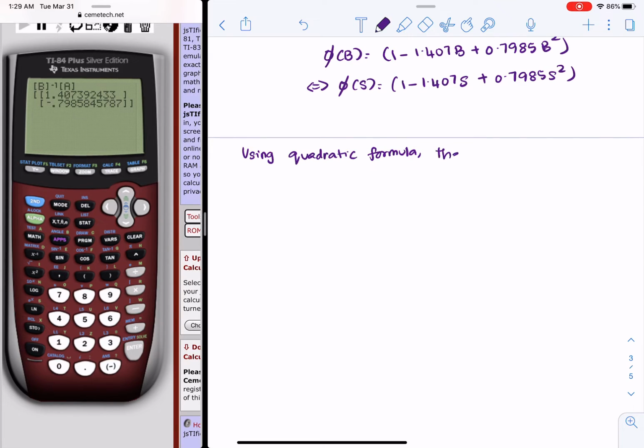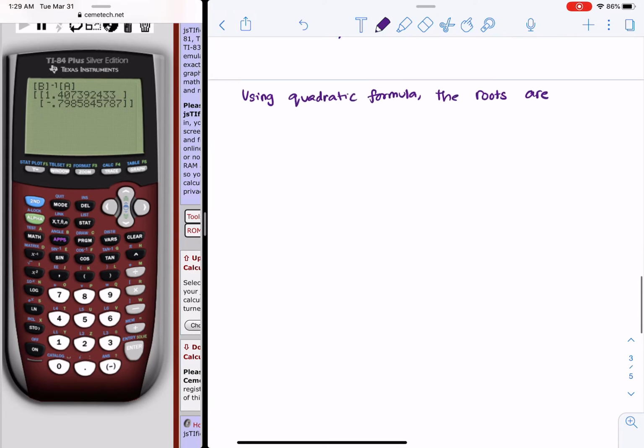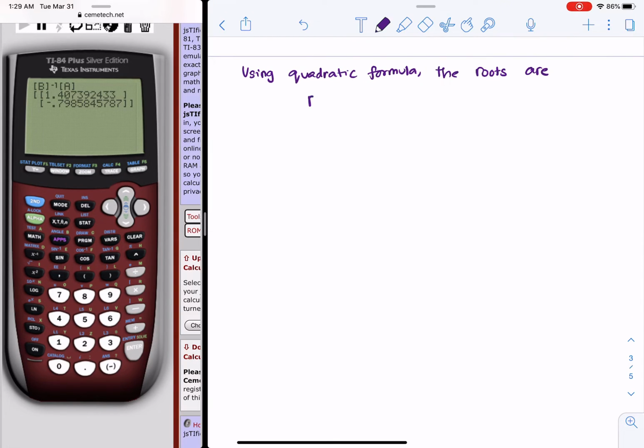the roots are R1 or S1 equal to 0.8812 plus 0.69i, and R2 is simply the conjugate, so 0.8812 minus 0.69i.